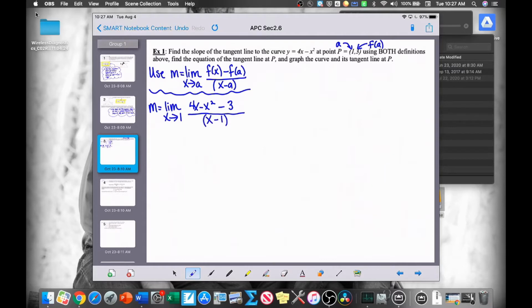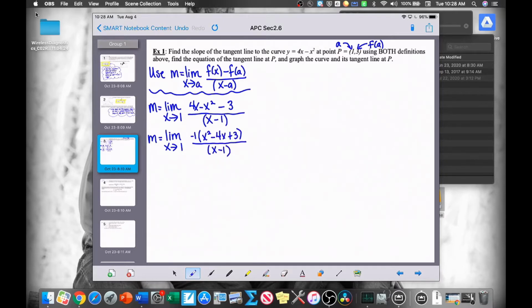Okay, and now I need to do a little bit of work here. I am going to rearrange my numerator so that my terms are in descending order. I also notice right off the bat that my x squared is negative, so I'm going to factor out a -1 because it's going to make it easier when it comes to factoring my numerator. If I factor out the -1, then I have x squared minus 4x plus 3 divided by x minus 1.